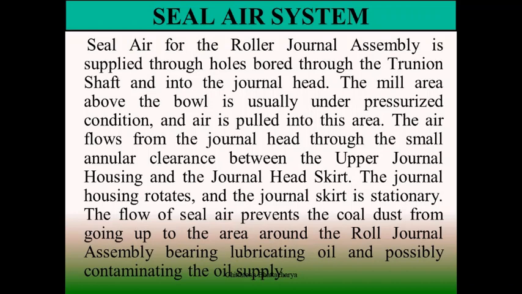For that, we have an oil supply, and that oil is supplied to the roll journal shaft, going to the bottom of the roll journal bottom housing, and it gets to the support bearings, and there are double row tapered roller bearings and the upper skirt, which are also lubricated. This entire lubrication is done with the lubricating oil supply from outside of the mill.